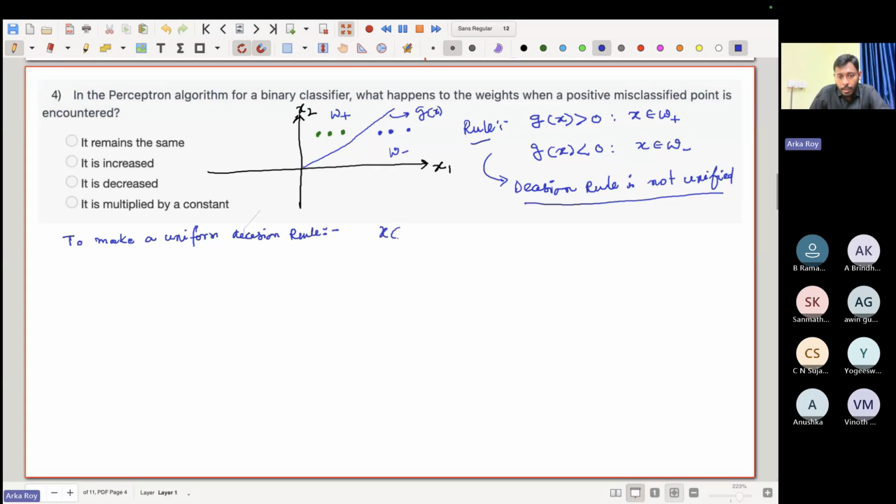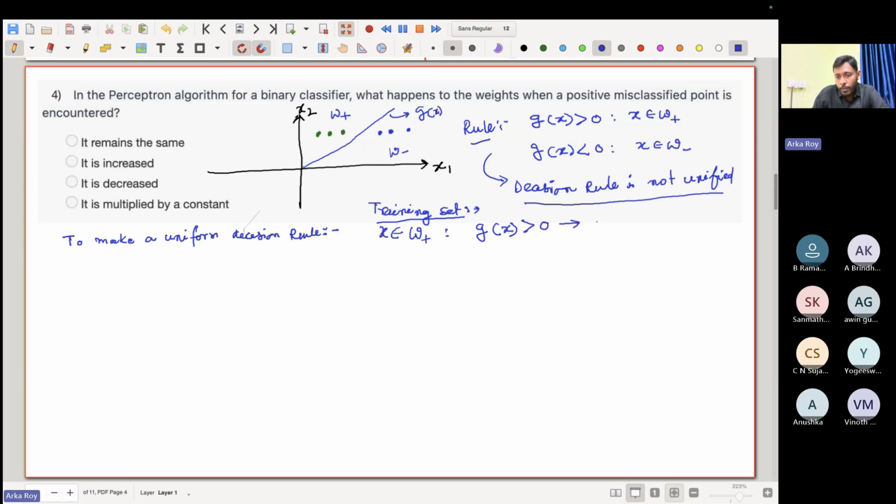Let's say x is in the training set. In the training set, you know whether x belongs to omega 1 or omega 2, or omega plus or omega minus, because based on that you will be training your classifier. So if x belongs to, let's say, omega plus, then your rule is g of x should be greater than 0.